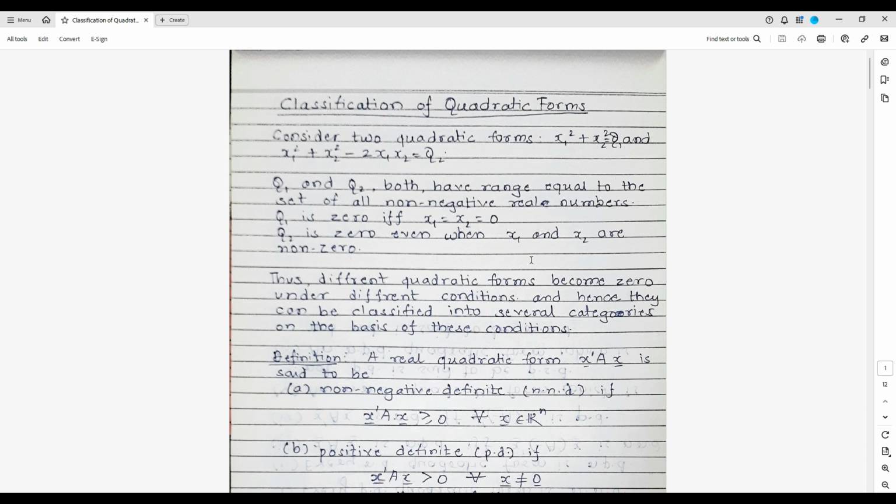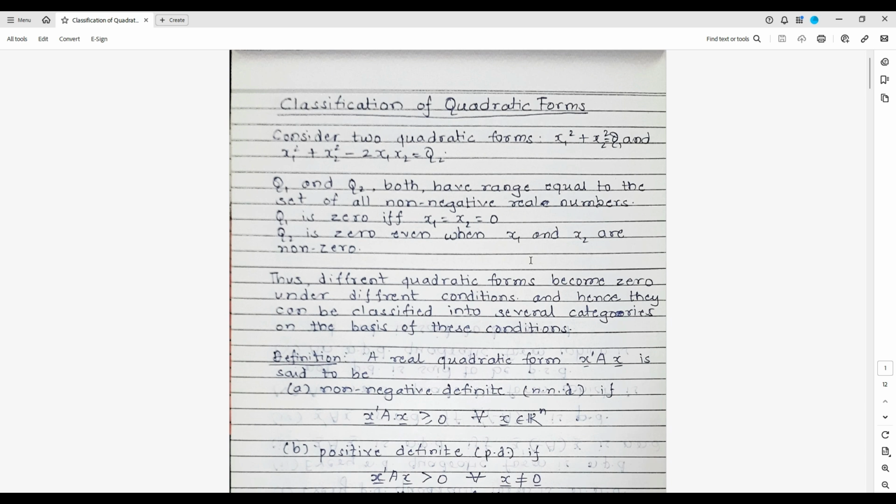So Q1 is not becoming 0 unless x1, x2 both are equal to zeros, whereas Q2 is becoming 0 even when neither of them is equal to 0. So let us try to use this as a starting point and try to classify quadratic forms into different categories.